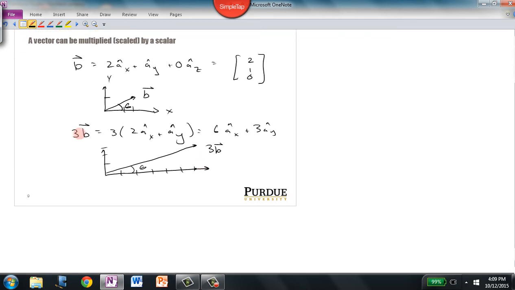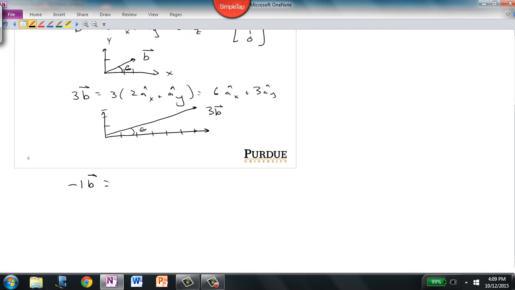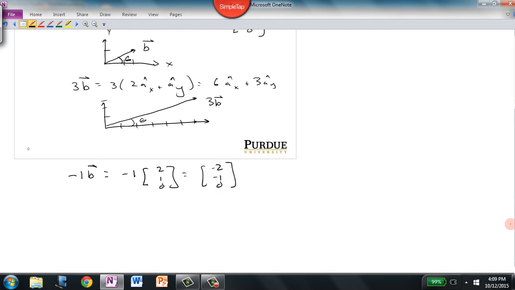There's another type of scalar other than a positive scalar, and that's a negative scalar. Real numbers go both above 0 and below 0, so I can do something like minus 1 times B. That is equal to minus 1 times 2, 1, 0, which results in minus 2, minus 1, 0: x component, y component, z component. If I were to plot that in the x and y plane, I go minus 2 in the x direction and minus 1 in the y direction.